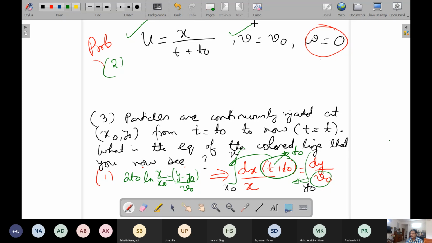So remember that what is the connect between the Lagrangian and the Eulerian description? The velocity at a point in the flow field at a particular time is nothing but same as the velocity of a fluid particle located at that point at that instant of time.